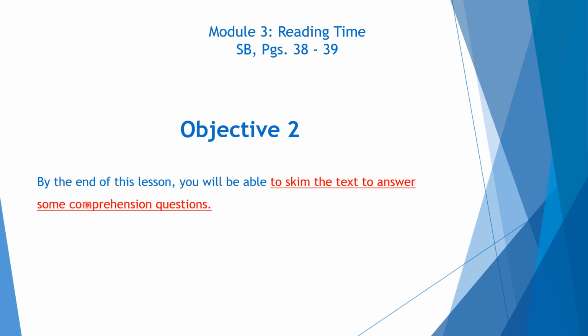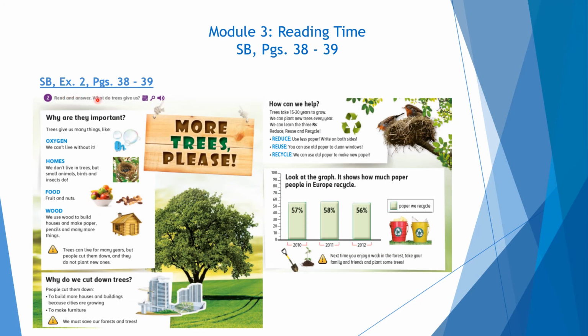Objective 2. By the end of this lesson, you will be able to skim the text to answer some comprehension questions. Go to exercise 2 on pages 38 and 39. Now in this exercise, we have a text. We have some trees, we have some birds, and we have a graph. So it seems we are going to read about something related to the environment.